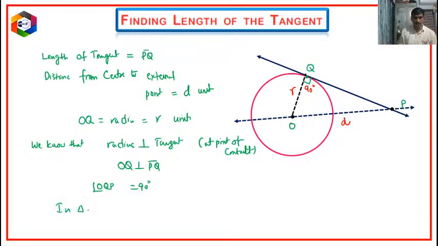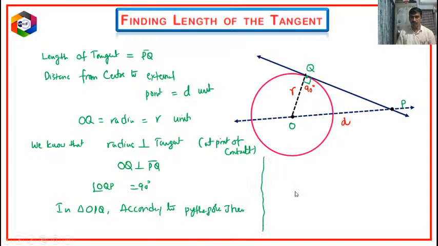So in triangle OPQ, according to Pythagoras theorem, what will happen? We know that this is 90 degrees, opposite side, that is OP square is equal to OQ square plus PQ square.